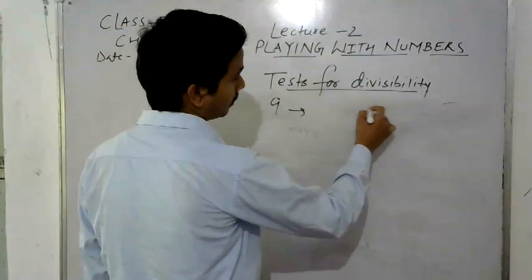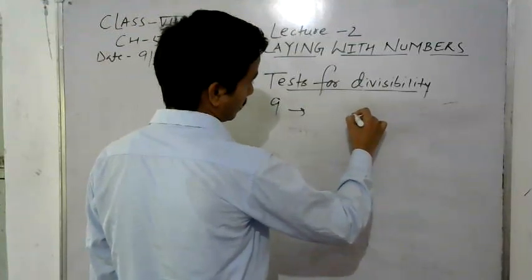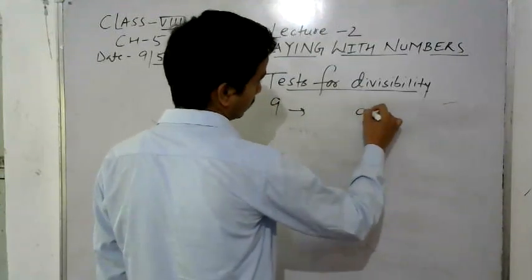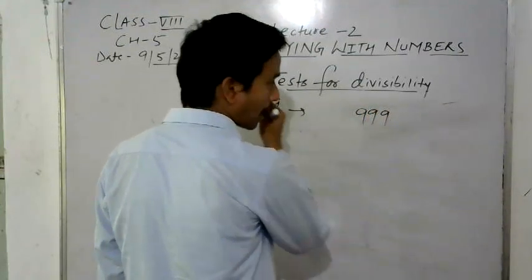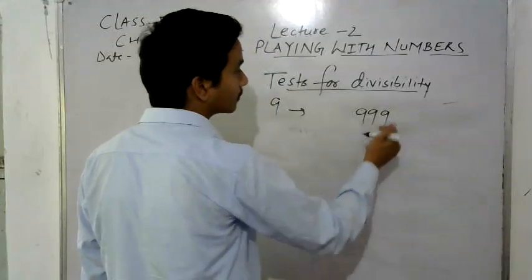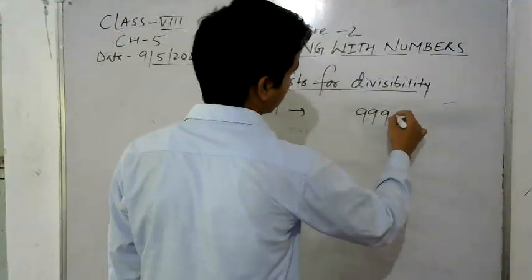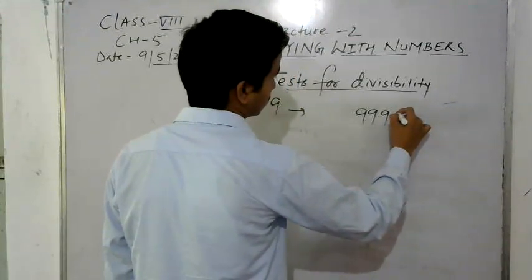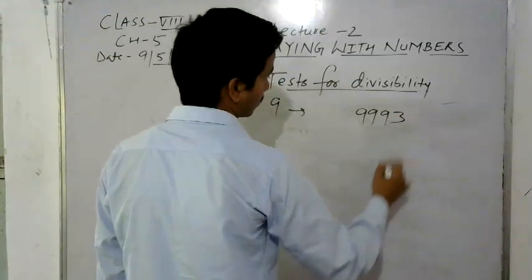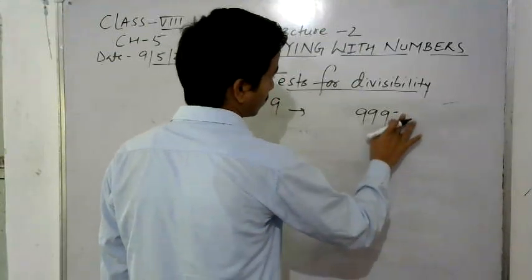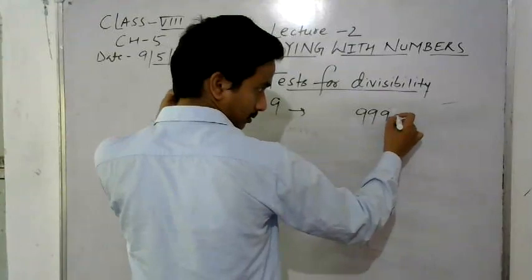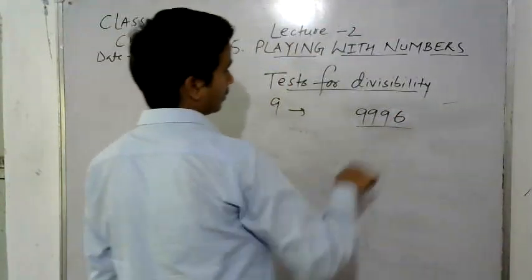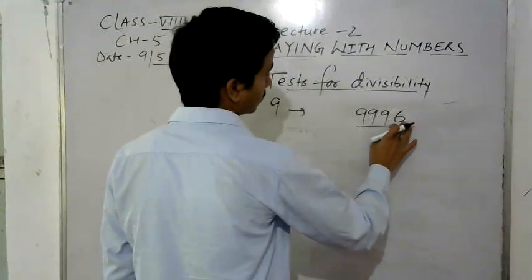See, 9936. We have to see whether it is divisible by 9 or not.